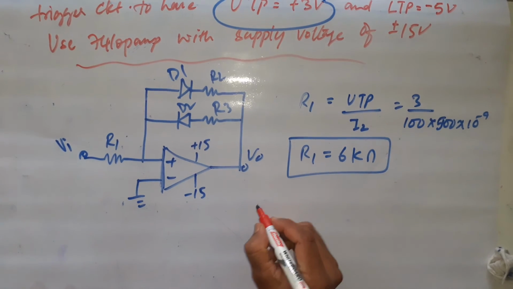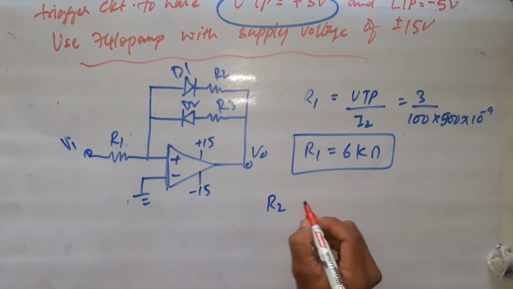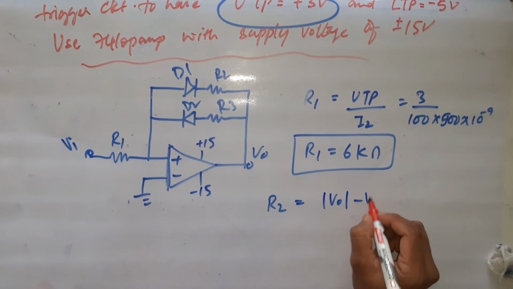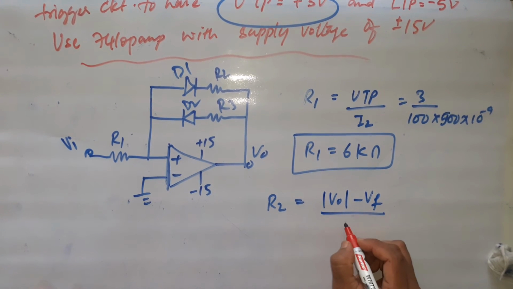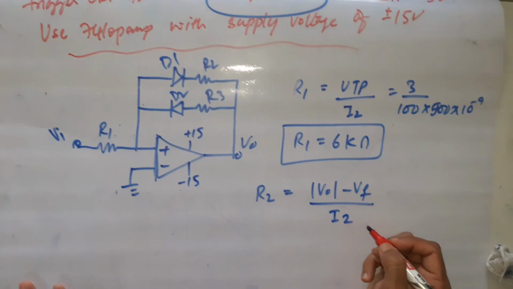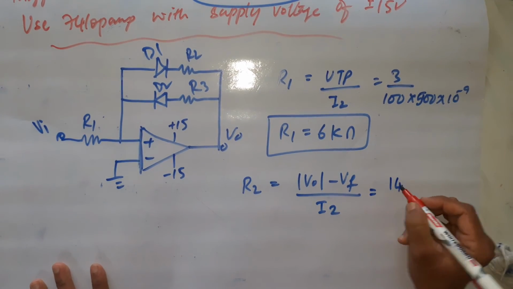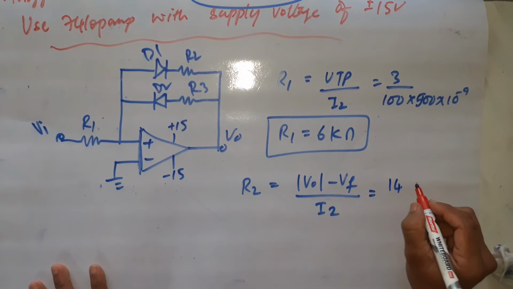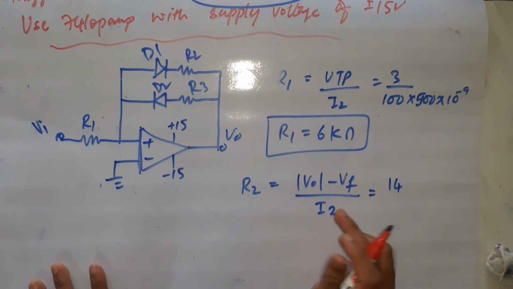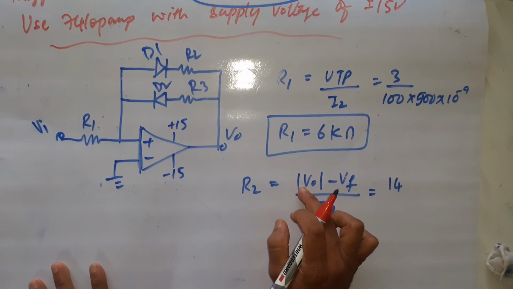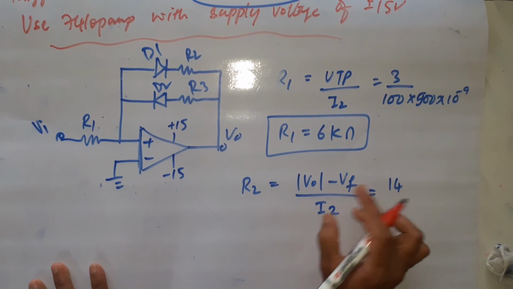What is next? R2. We have magnitude of output voltage minus Vf divided by I2, right? What magnitude will you take? You will take only 14. If you don't want to take magnitude here and want to consider the direction, then the direction of Vf will also change.